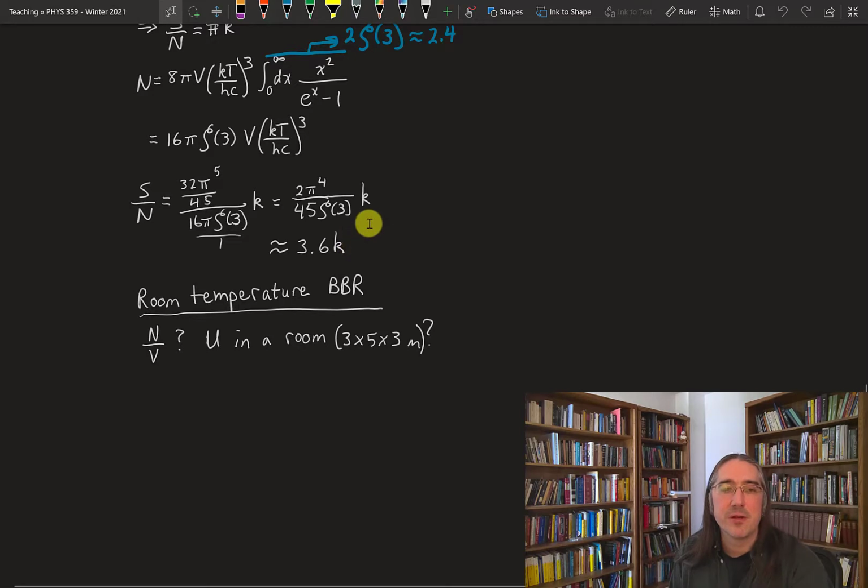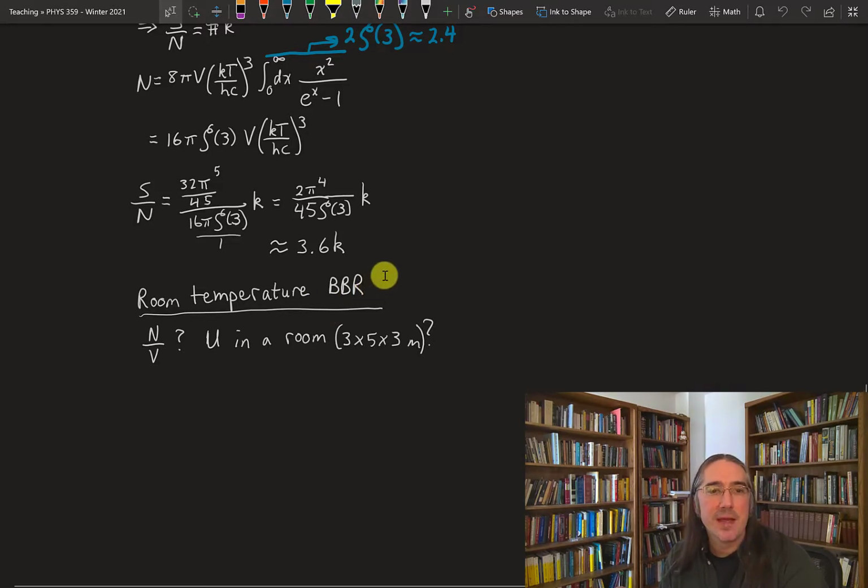Last thing I want to do before we close out is give you an interesting example of what these numbers look like in everyday life. I'm in a room, as you probably are as well, and in this room there is some radiation field, some black body radiation. BBR here is my shorthand for black body radiation.